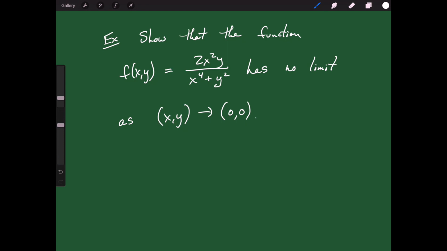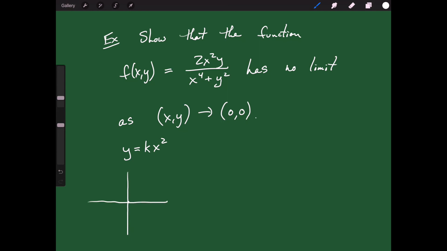So the path that's going to help me the most, that will make this thing simplify a little bit, is I want to walk along the path y equals some number k times x squared. Now, what is that path? That is a parabolic path that goes through the origin. But I don't know what k is.